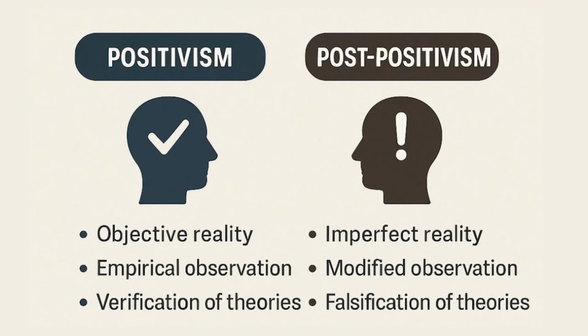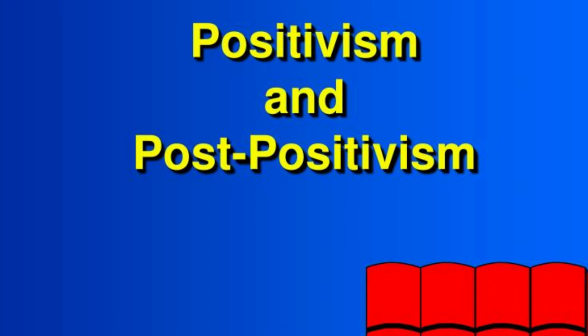A post-positivist says something like, reality exists, but we can only get close to understanding it. Think of it like trying to view a mountain through a fog. The mountain exists, but your view is not clear or perfect. That's post-positivism. These researchers still use surveys, experiments, statistical analysis, but they openly acknowledge limitations and potential bias.